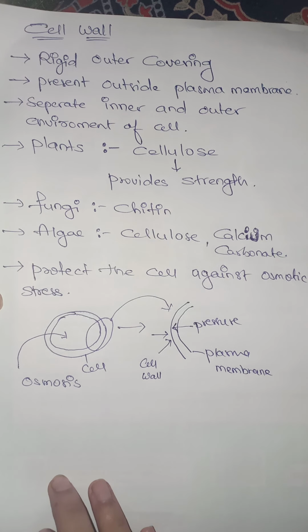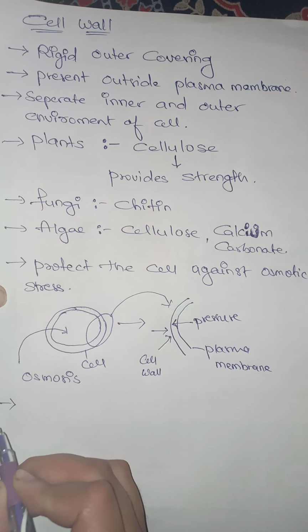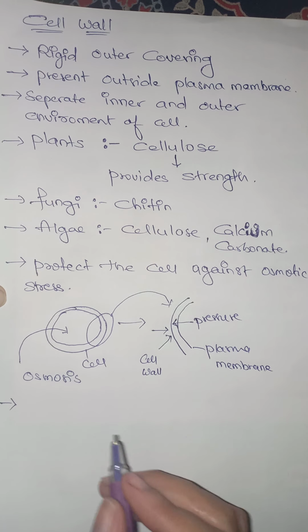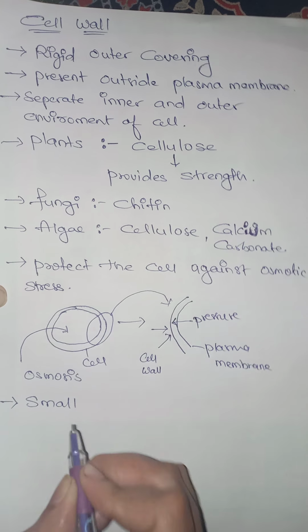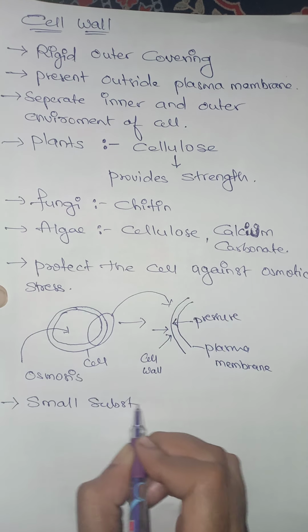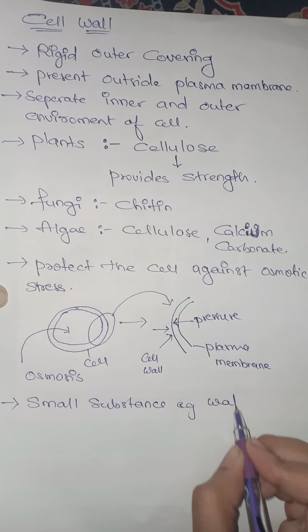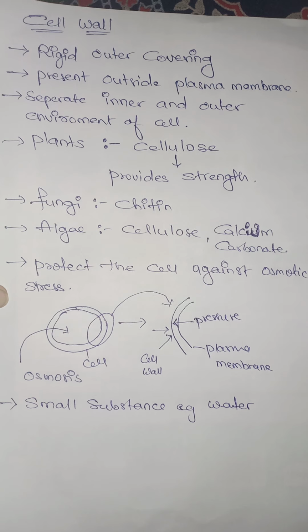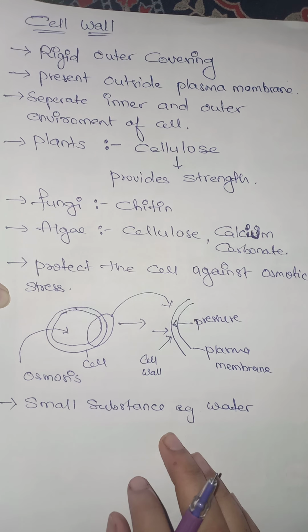And when we talk about the movement of substances, small substances like water and other molecules can easily cross the cell wall, and that is the reason osmosis occurs.